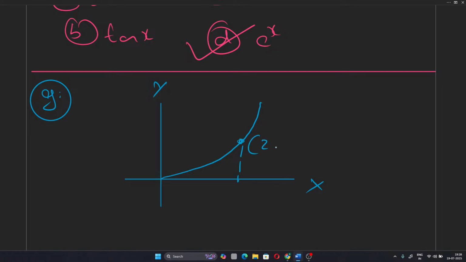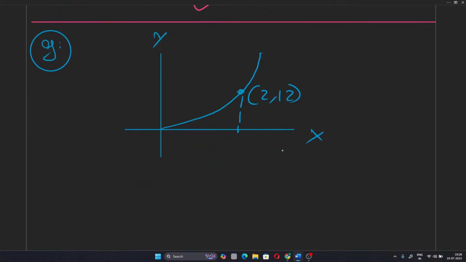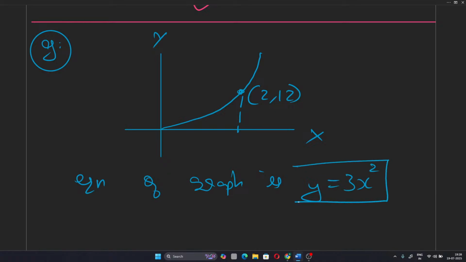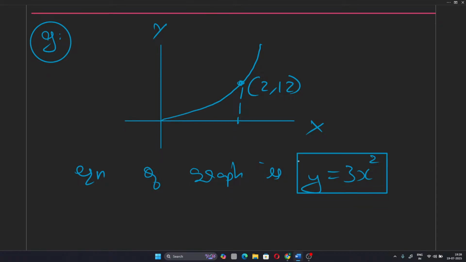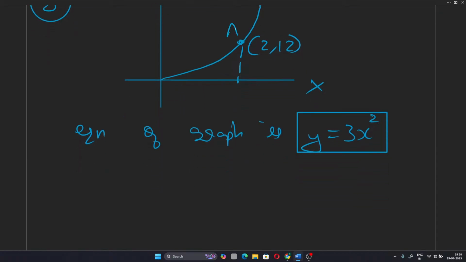This point is 2 comma 12, and the equation of the graph is y equals 3x square. This is point A. Now they're asking to find the slope of the graph at A.